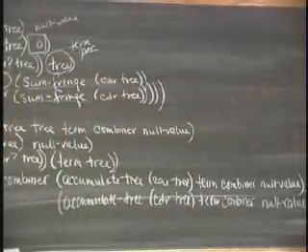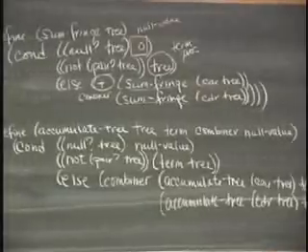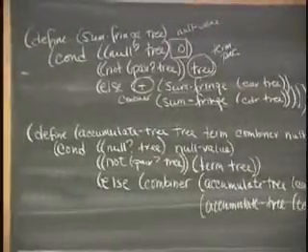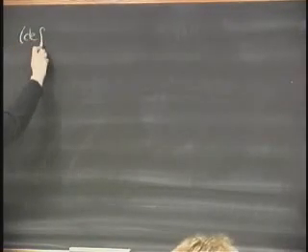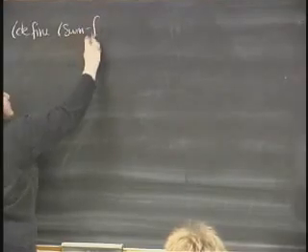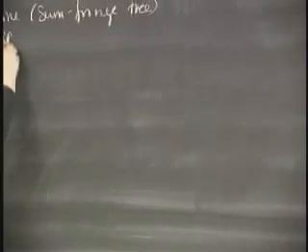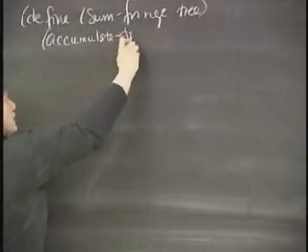Okay. Given accumulate tree, tell me how I can write sum fringe in terms of accumulate. So we're going to accumulate tree.